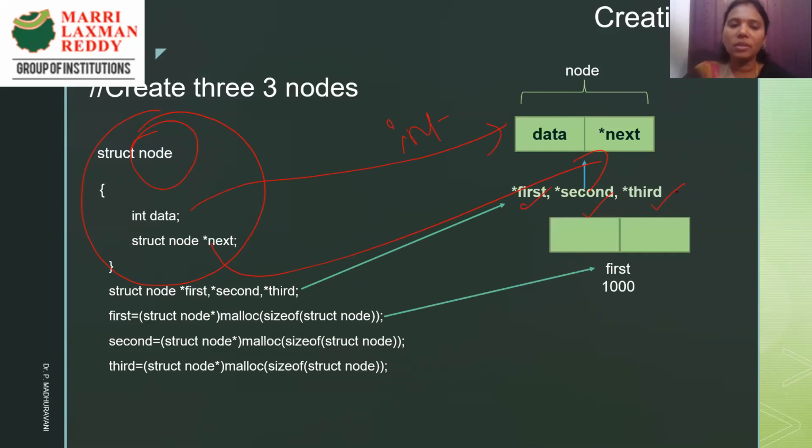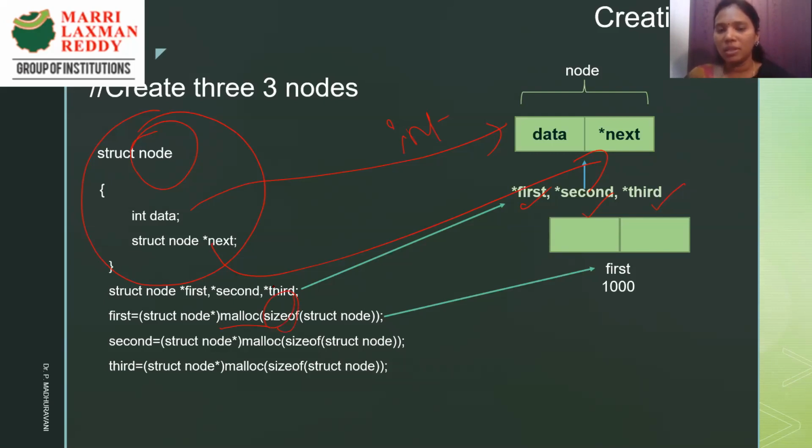For that, this kind of memory allocation is allowed in C with the help of the malloc function, which takes the number of bytes as the parameter. Here you need to specify the number of bytes to be allocated at runtime. That number of bytes you need to compute with the help of the sizeof operator.